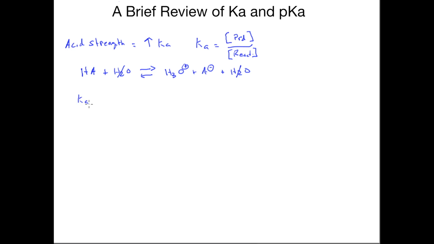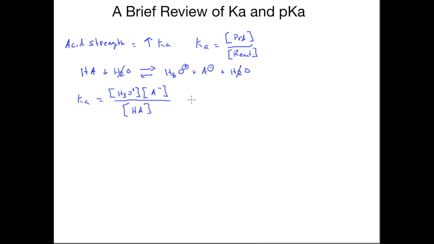So we're looking at HA in the water, which gives us our H3O plus, and so if we were to write Ka on this, we're not going to include water. And what we see is we have H3O plus, A minus, and then we have HA concentration at the bottom.